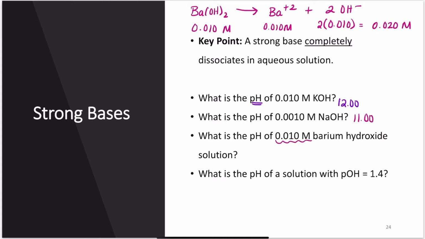When you take the negative log of 0.02, you get 1.69897. I'm going to simplify that down. Let's see, we need 2 sig figs, so 1.70 is pOH. So 14 minus 1.70, 12.30 is my pH.